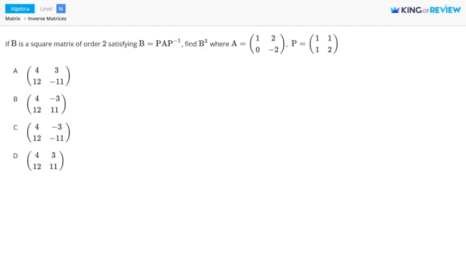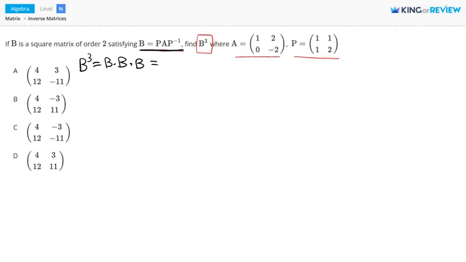If B is a square matrix of order 2 satisfying B equals P times A times P inverse, find B cubed. And we're given matrix A and matrix P. So we want to find B cubed. Well, this is the same thing as B times B times B. And we're told what B is here.